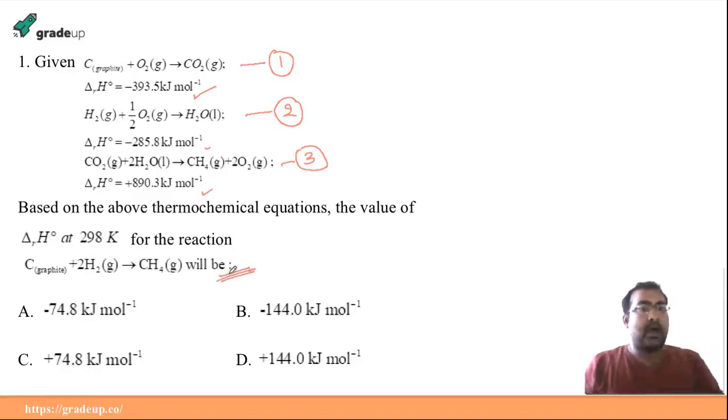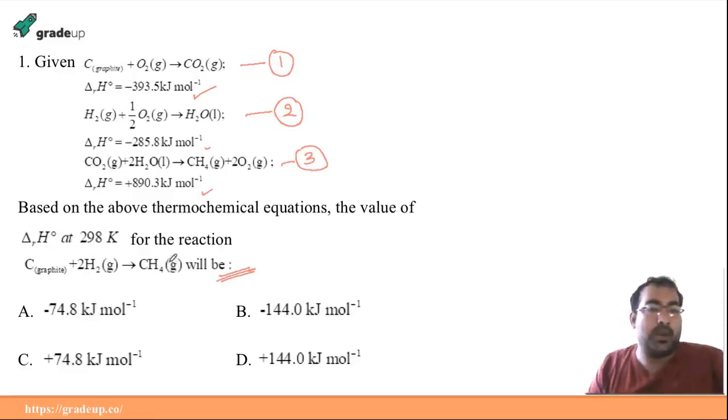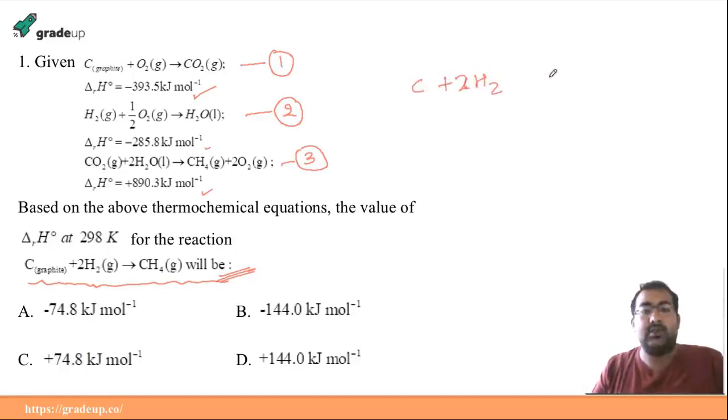Now based on the above thermochemical equations, we need the value of the heat of reaction at 298 Kelvin for this reaction. We want to get to graphite plus 2 times H2 gives CH4.